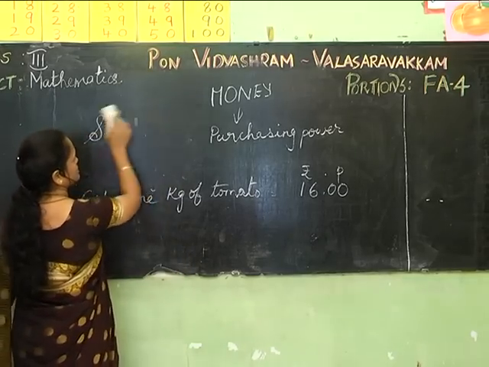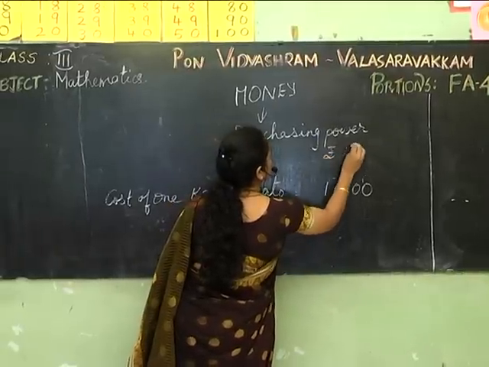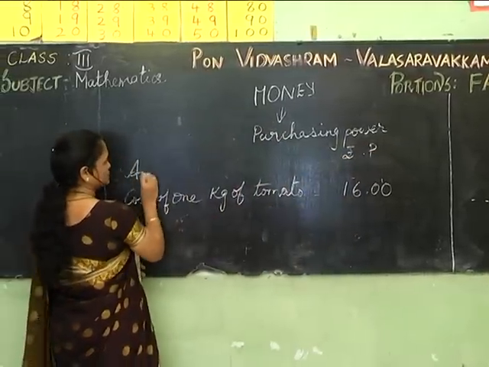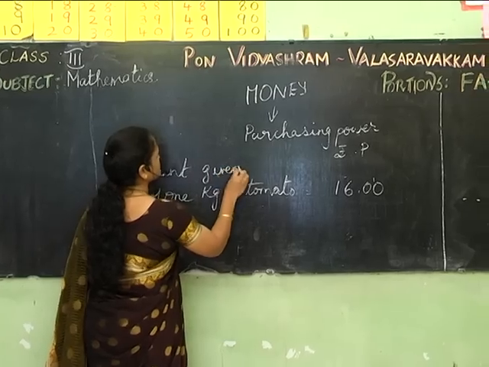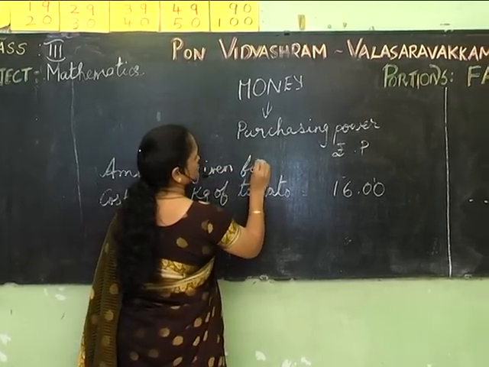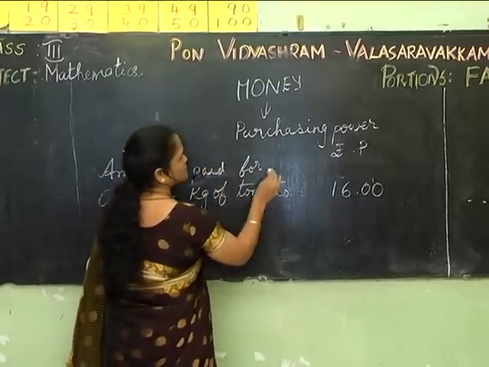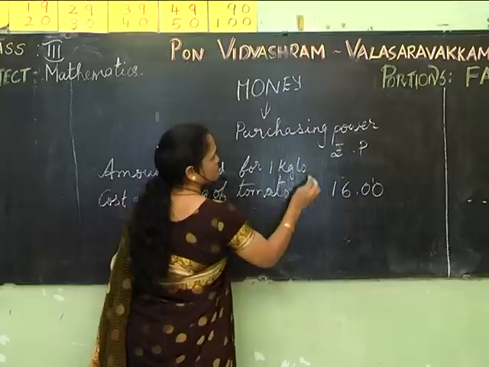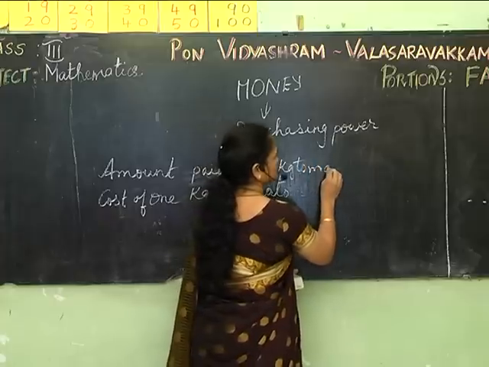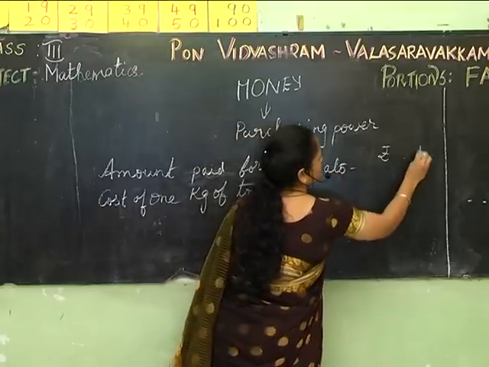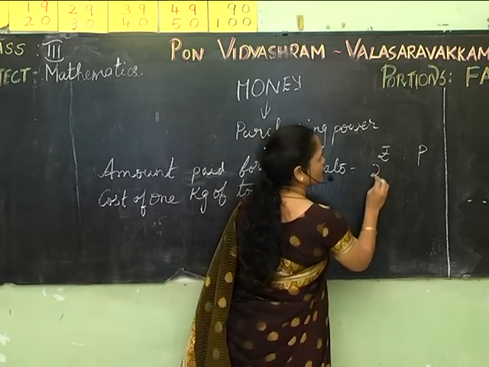Or I'll just rub here, children, and I'll write here. Okay, now your mummy gives 20 rupees to the shopkeeper.